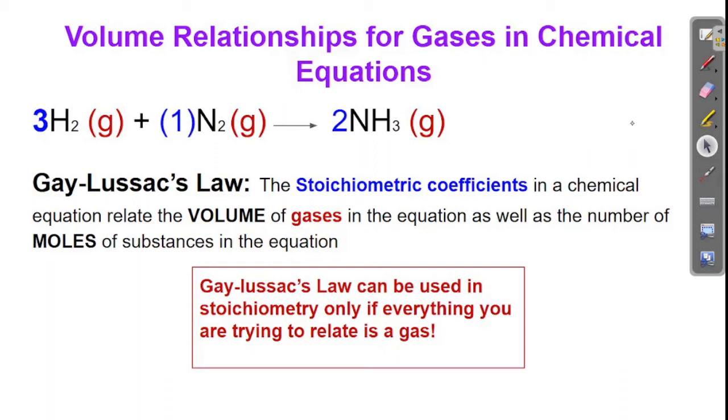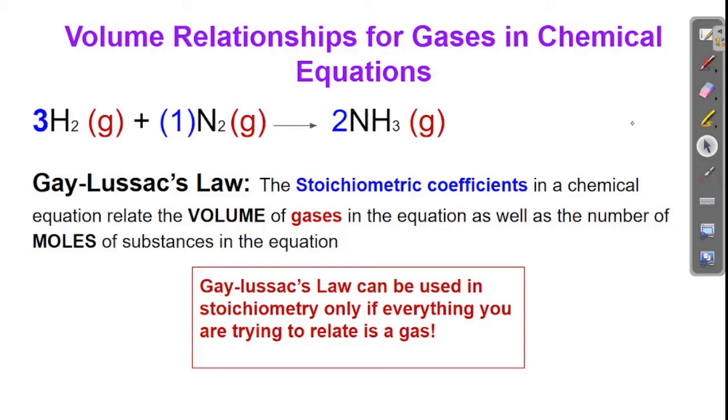If you are dealing with gases, the stoichiometric coefficients in that chemical equation can stand for units of volume. That's Gay-Lussac's law. Gay-Lussac is a French chemist that came up with this law.